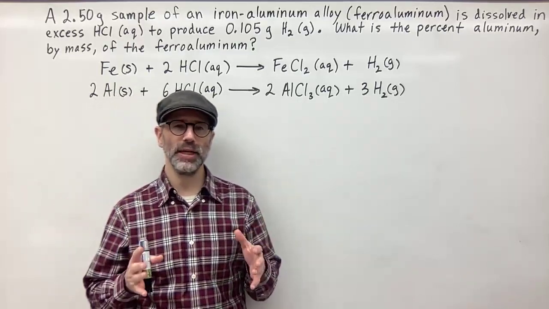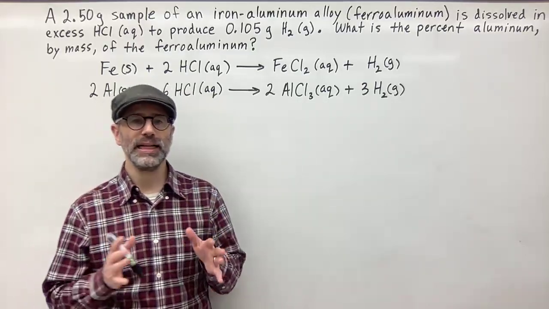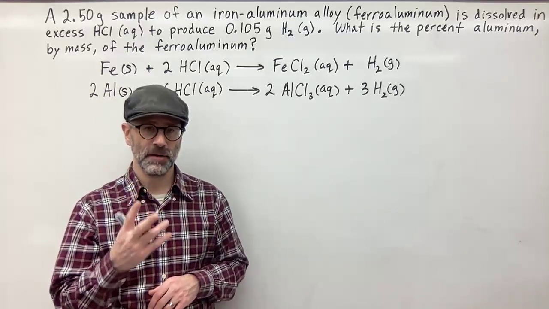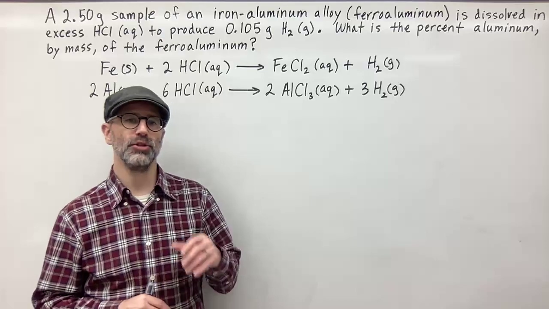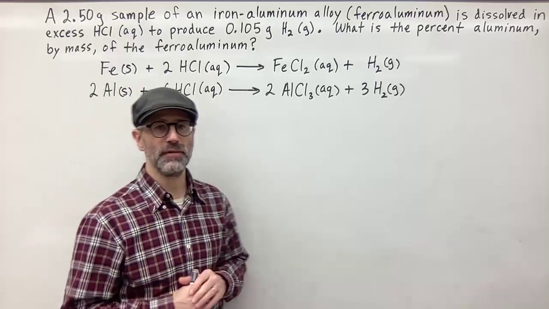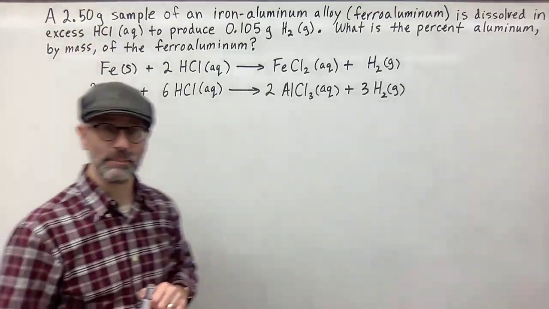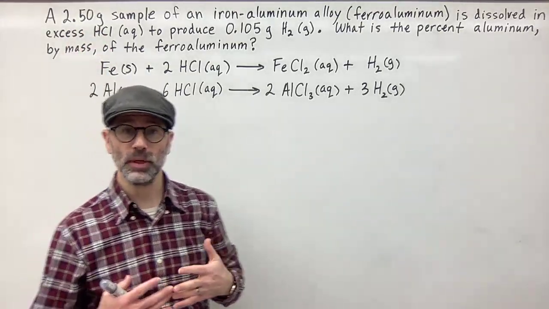When you're doing this sort of problem, you're going to need to do a system of equations, and you're going to need two equations. So let me show you how you do this. The first piece of information they give us is that we have a 2.50 gram sample of the ferroaluminum.